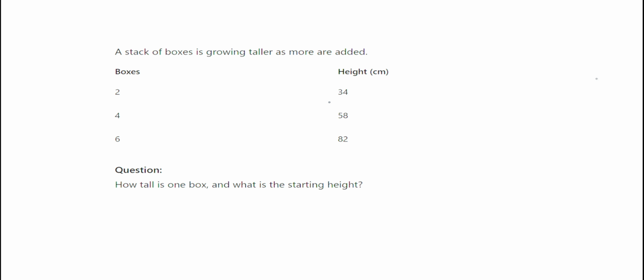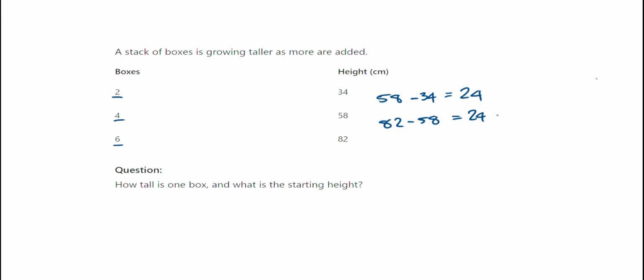Let's test that these are the same jumps. Notice these are in twos, but the fact that they're in twos is okay as long as it's consistent. So 58 minus 34 is 24, and 82 minus 58 is 24 again.